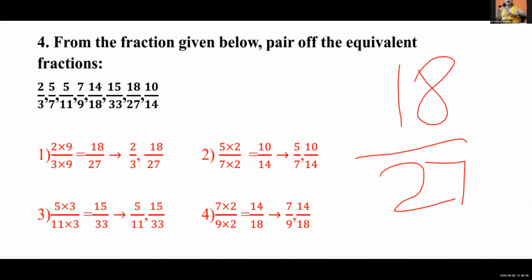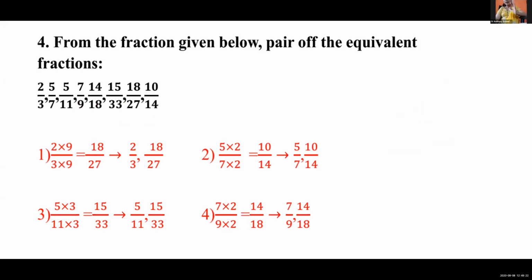Understood? Why did we not take these two numbers, 7 upon 9 and 14 upon 18, and why did we choose only 18 upon 27? Did you understand? Is it clear why we did not take these two numbers and why we took the third fraction?